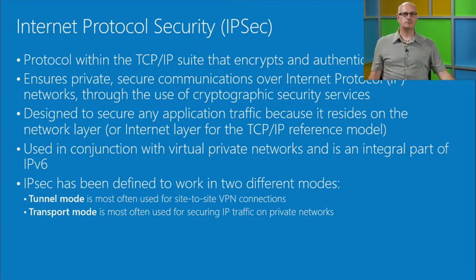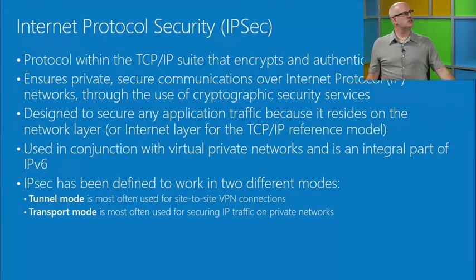Hence IPsec. Yes, so IPsec allows for securing application traffic, resides on the network layer, is used in conjunction with VPNs, and is an integral part of IPv6. There are actually two different modes for it: tunnel mode and transport mode.